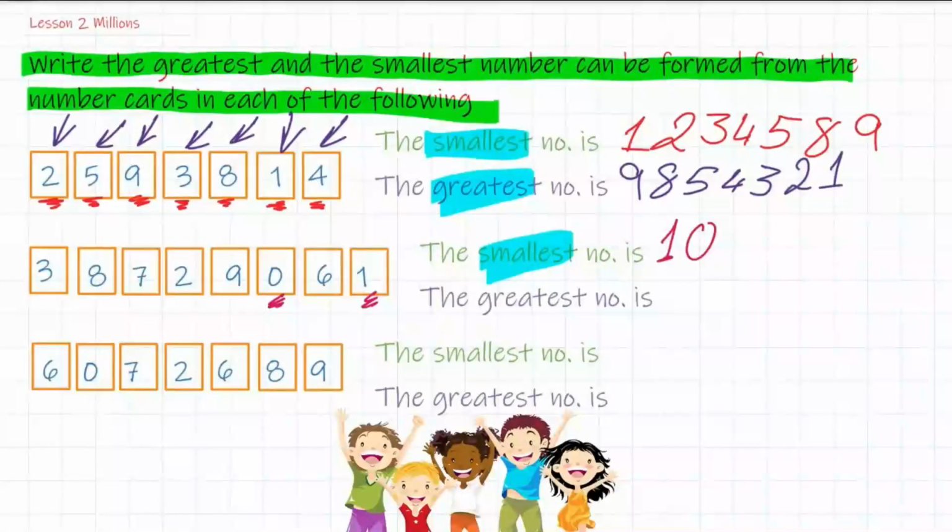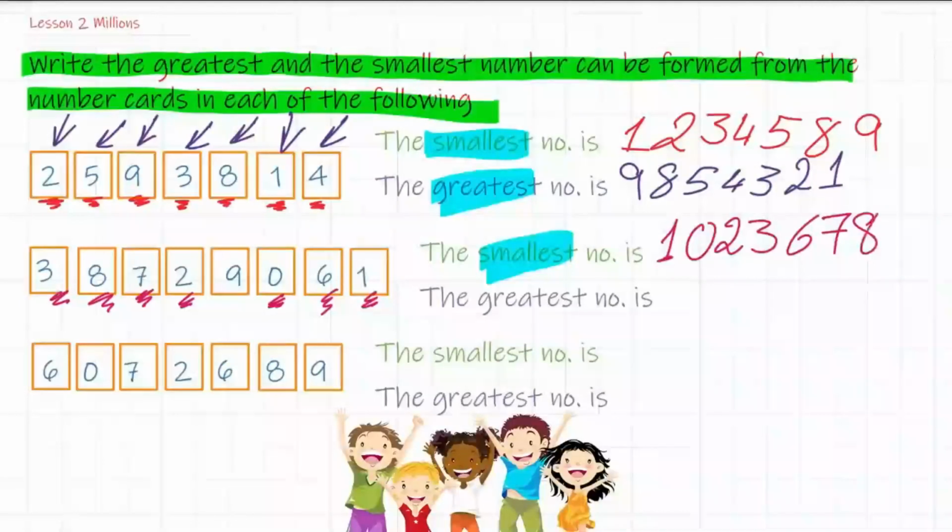Don't ever start with 0 because 0 on the left has no meaning. And we have 2 and 3 and 6 and 7 here and 8. And the last digit is 9.